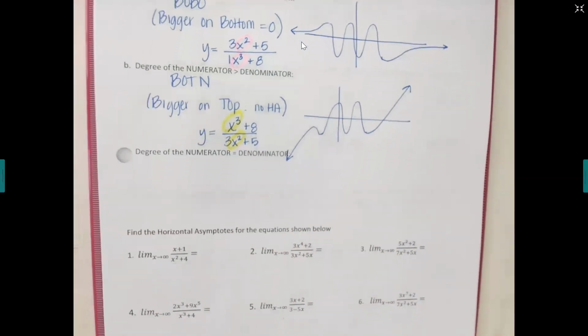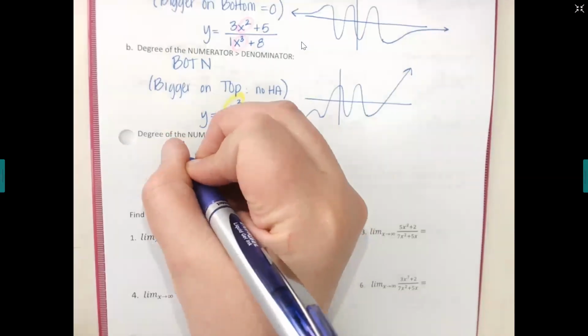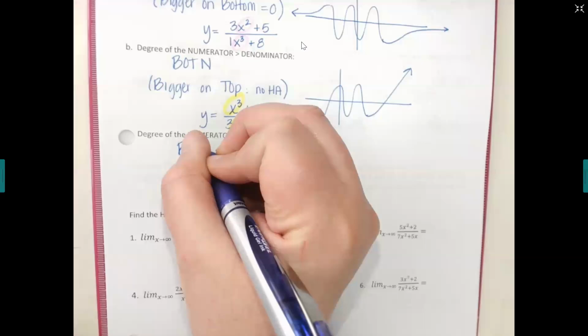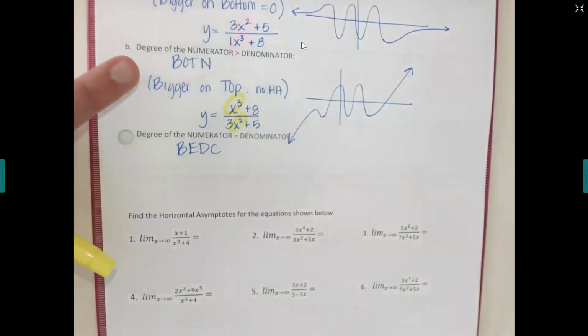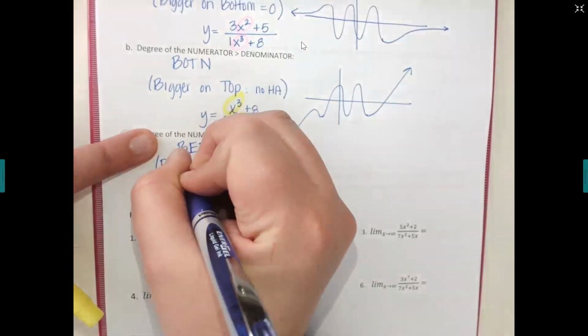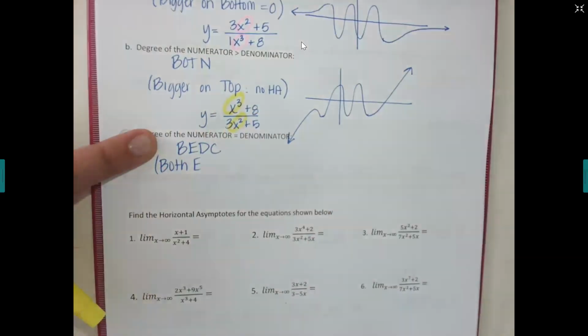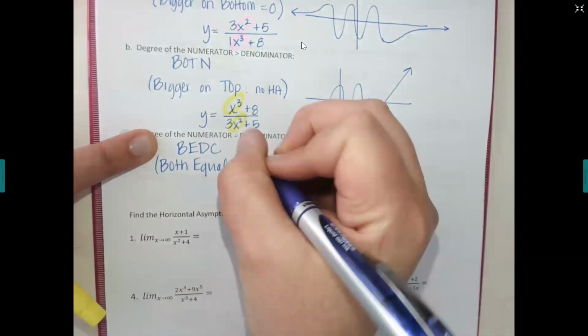Okay, last option is a Betsy. So here are your options. Either the bottom is bigger, it's bigger on top, or Betsy, do you remember what it stands for? Michelle, Annie? Both, yes. Very good. I'm impressed you remembered that much. Both equal. Divide.